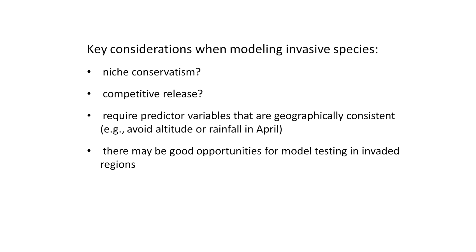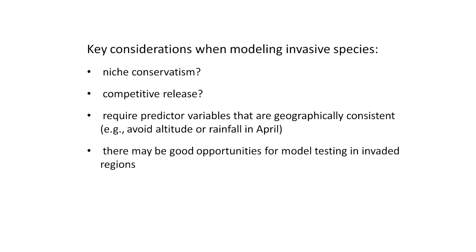Some more subtle examples: you don't want to use, say, rainfall in April. It might be a variable that you generate, and in your native range rainfall in April is really, really important. But rainfall in April in some other part of the world is not the variable that's important. And that's why the WorldClim data sets that we've looked at, the BioClim variables, aren't rainfall in April, they are rainfall in the wettest month, because that's geographically consistent in different parts of the world.